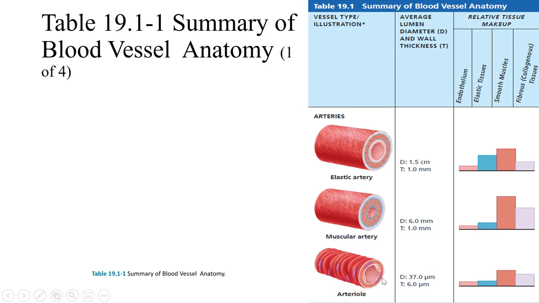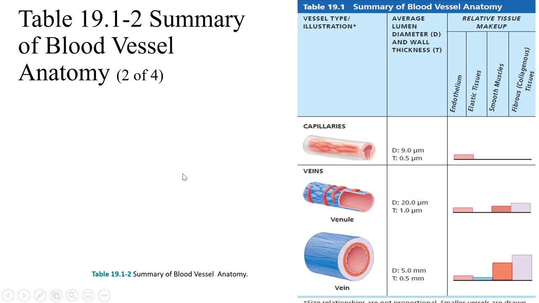And this is your arteriole, with very little smooth muscle around it, and the diameter of the arteriole is also very small. Right here, the diameter of this is about 1.5 centimeter. This is about 6 millimeters, and this one is about 37 micrometer.